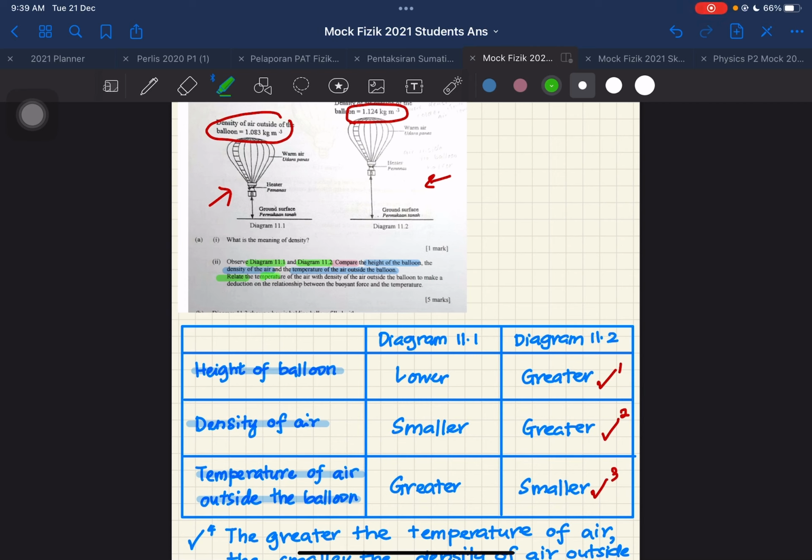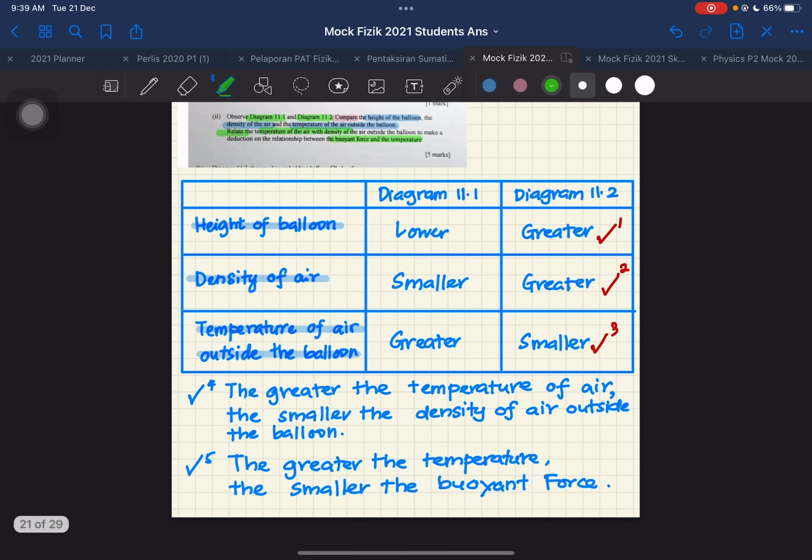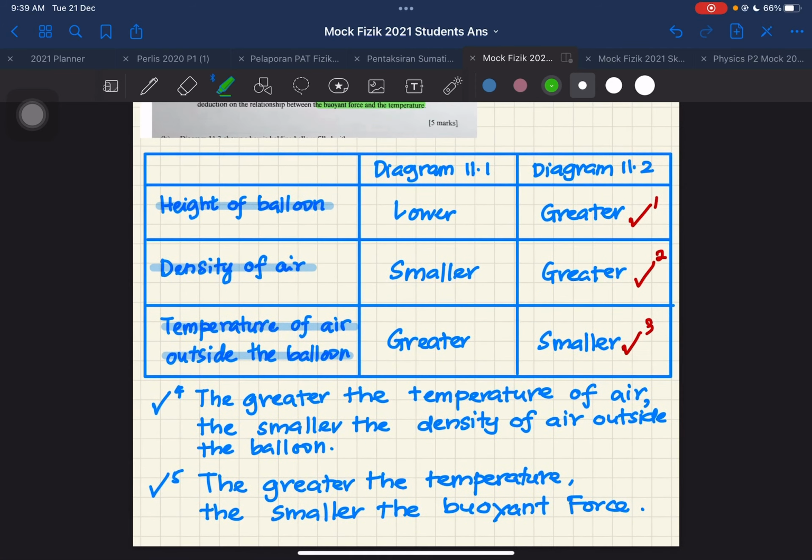Then after that you need to relate the temperature of the air with the density, and then relate buoyant force and temperature. So those two relate questions you write outside the table like this. Relate temperature and density, and then relate temperature and buoyant force. Actually, from the table that you already wrote, you can relate already.